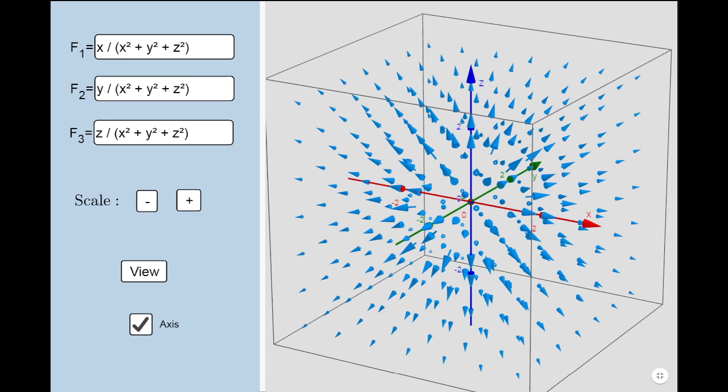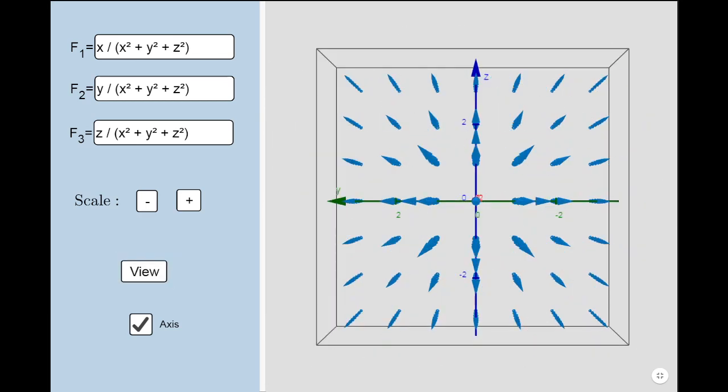The first thing that we notice is that the electrical field is a three-dimensional phenomenon, and it is going to have a three-dimensional representation. But what is most common is representing this in perspective.